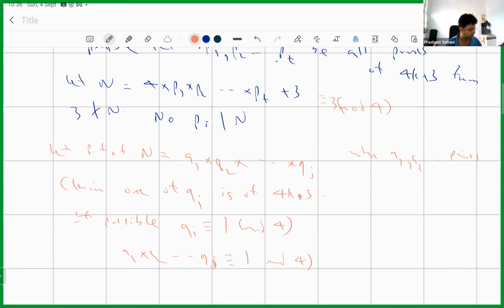Yes, Arnav, does that complete the proof or anything else? Yes, sir. If we get that the prime number divides 3, why can't it be 3? I'm getting a bit stuck there. Which step are you stuck on? After that, one of those should be of the form 4k plus 3.